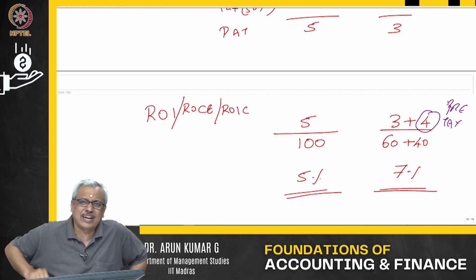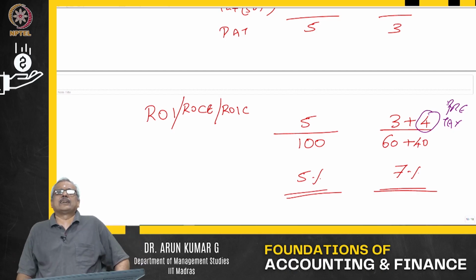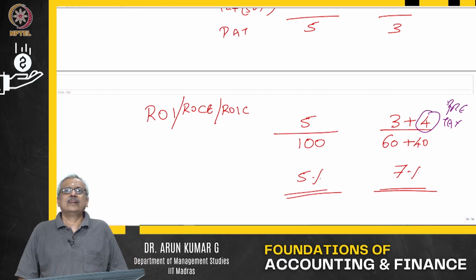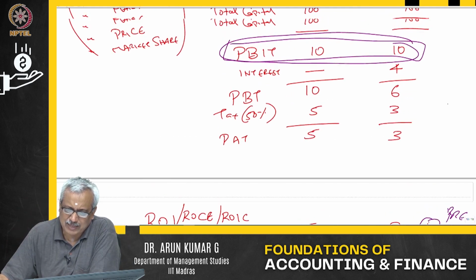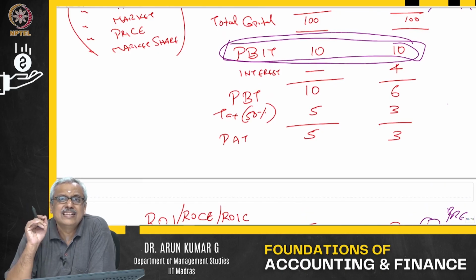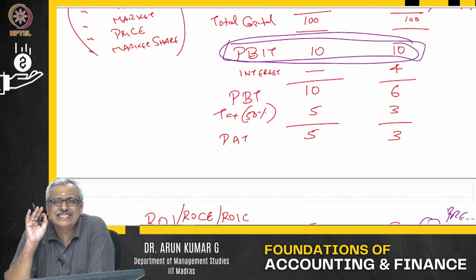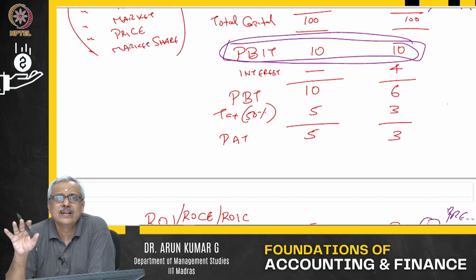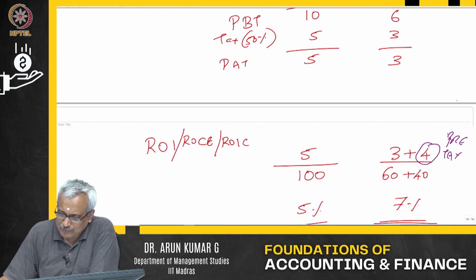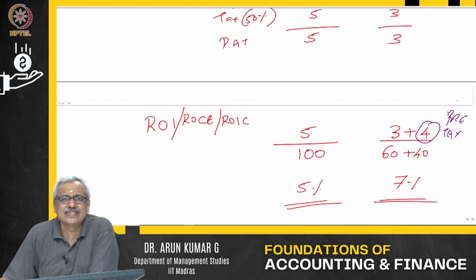Performance both have the same value because both are earning the same $10 out there. As you see the PBIT, their core performance is exactly the same. The core performance is not different at all. You feel one is better because of the capital structure.